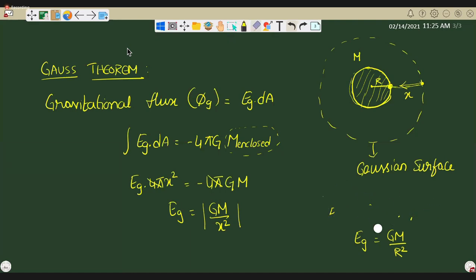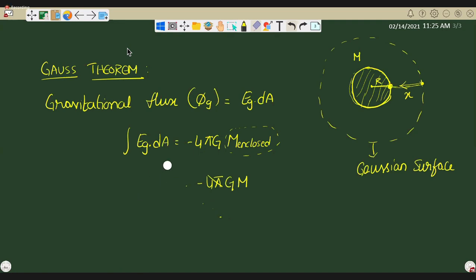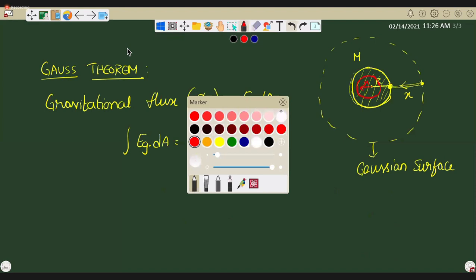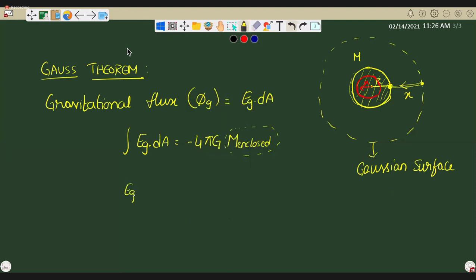Now, let's go inside. When I'm going inside, at any distance x, I'll take a Gaussian surface. Okay, this is x. Eg into 4 pi x square is equal to minus 4 pi G into the mass enclosed by this Gaussian surface.